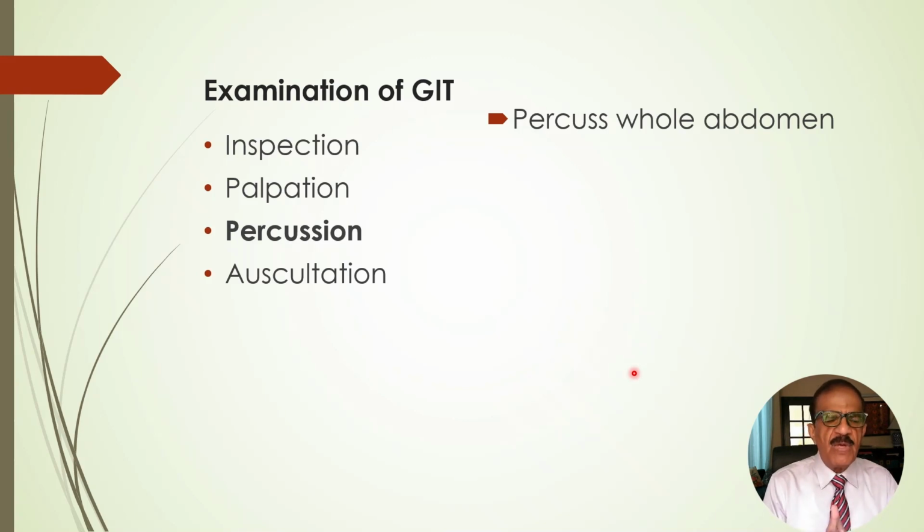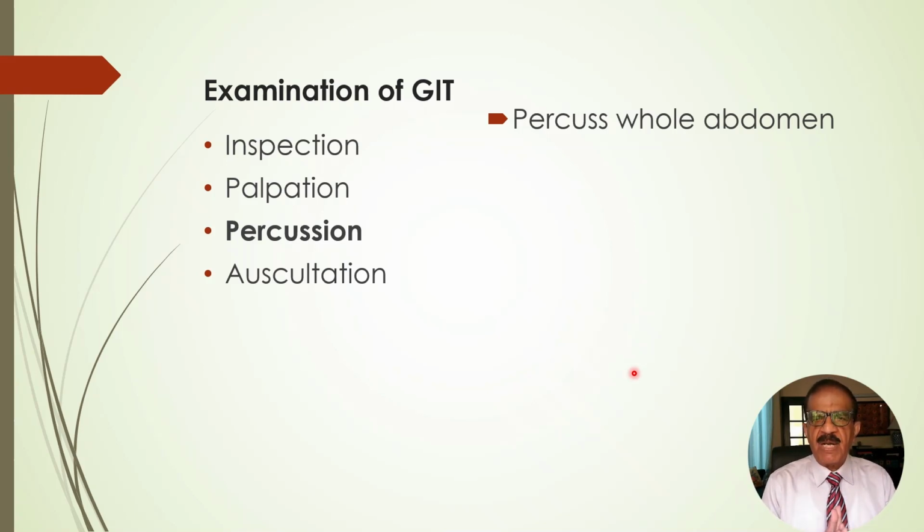There are different types of resonance that will be described later, but first you percuss the whole abdomen. In a normal person, since the abdomen contains intestines and intestines have both air and fluids, you would have a kind of mixed tone, not too dull and not too resonant. So that you have to learn. And typically in the center of the abdomen you have a more resonant tone as compared to the flanks. Particularly true if somebody has ascites.